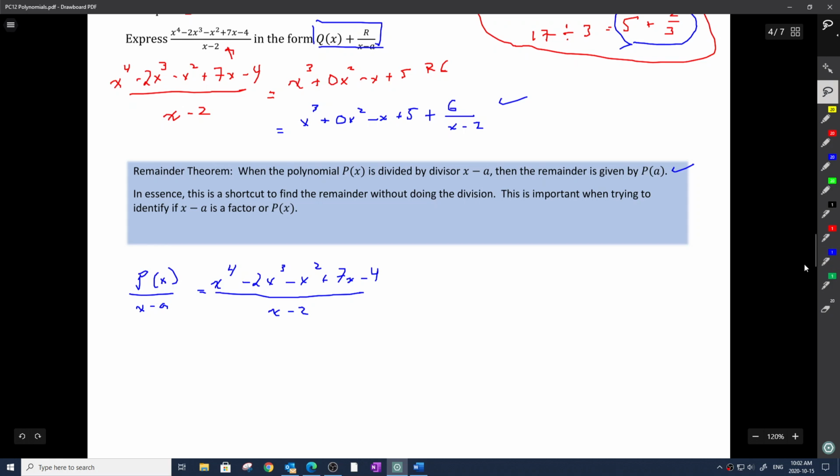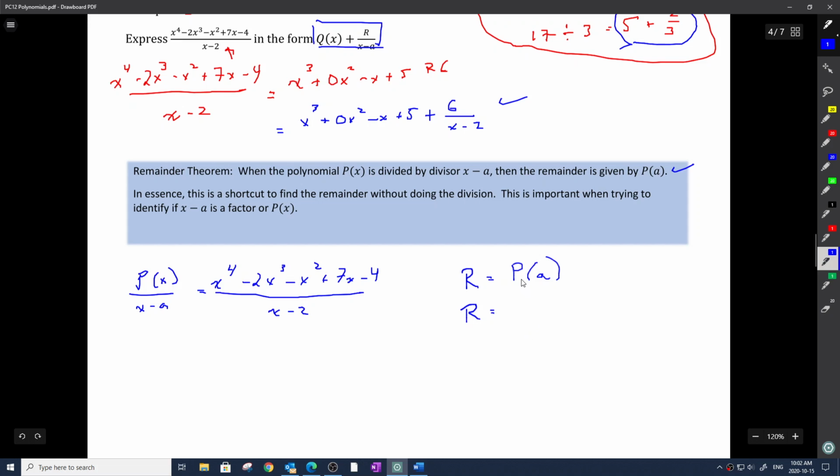What? We're talking about, if I do this division, the remainder is equal to p of a. What does this mean? Well, it really means that we don't have to do the division to figure out the remainder. Now, this is going to be important.